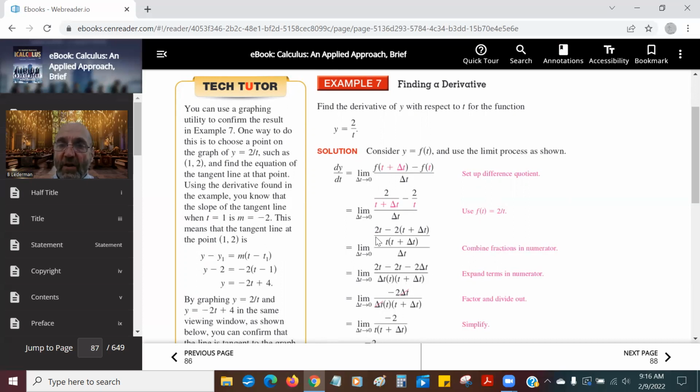And I get on top finally 2t minus 2 times t plus delta t over t times t plus delta t, all that still over the bottom delta t. Now I can combine this whole thing: the tippy top will stay the same, and the bottom becomes delta t times t plus delta t, and that's just dealing with fractions.